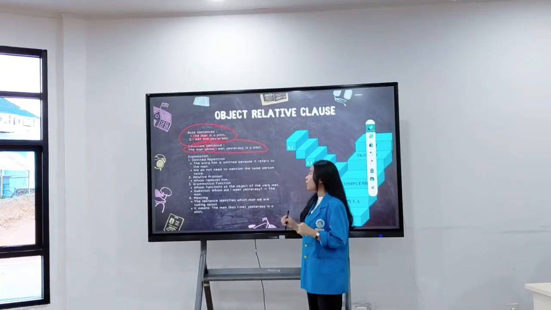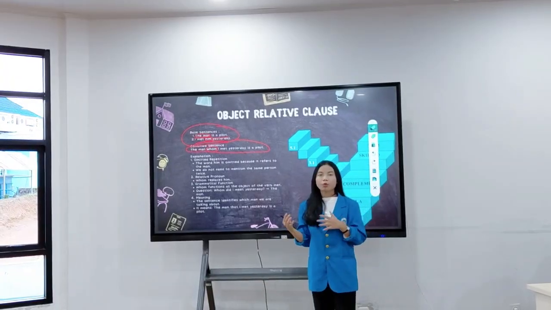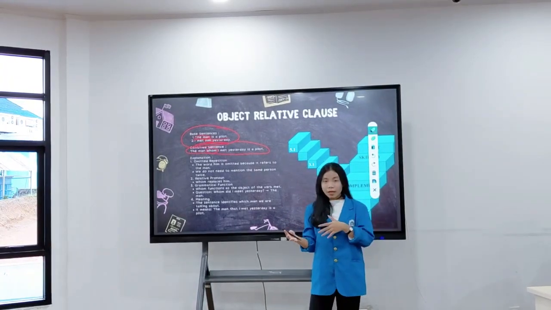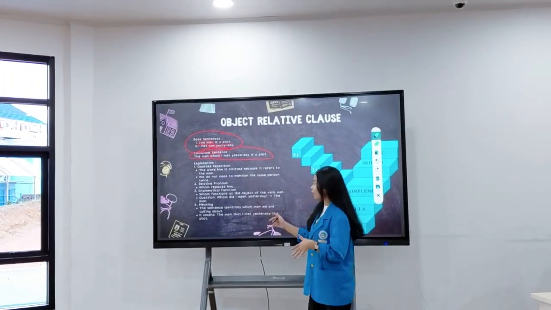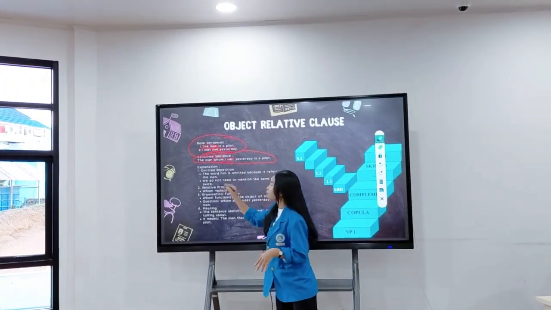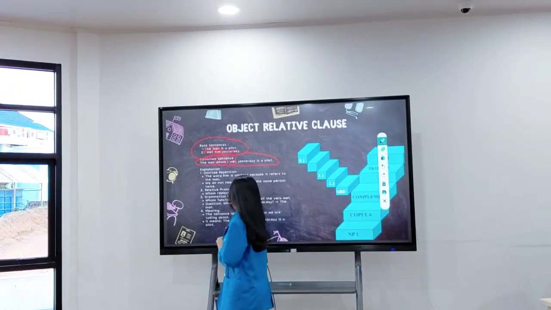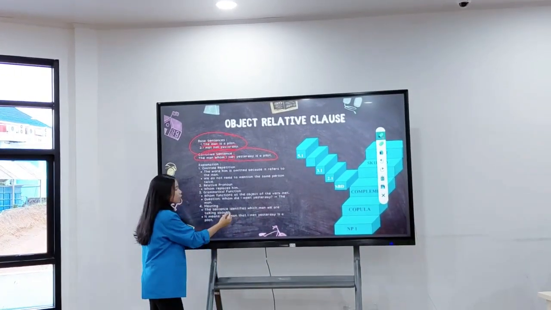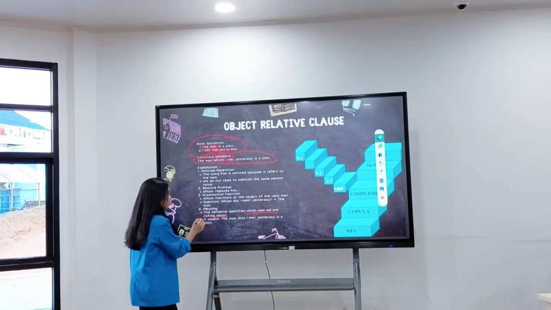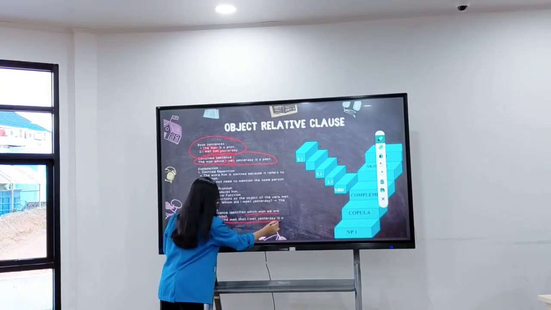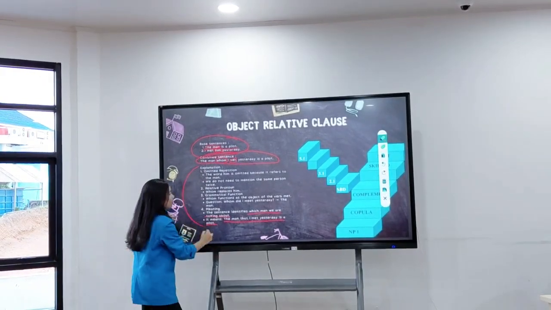As a result, we get the man whom I met yesterday is a pilot. Grammatically, whom functions as the object because it receives the action of the verb meet. The sentence identifies which man we are talking about, and it means the man that I met yesterday is a pilot. And this is for the explanation.